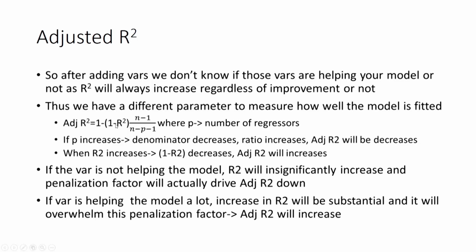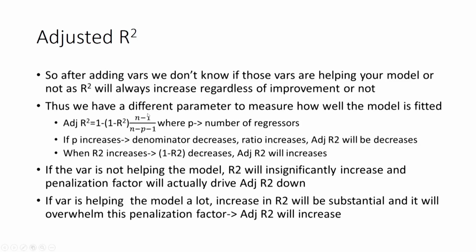So, if that variable is important, then because of the r square increase, adjusted r square will increase more than the decreased value because of p. And if that variable is not important, it will not increase that much.